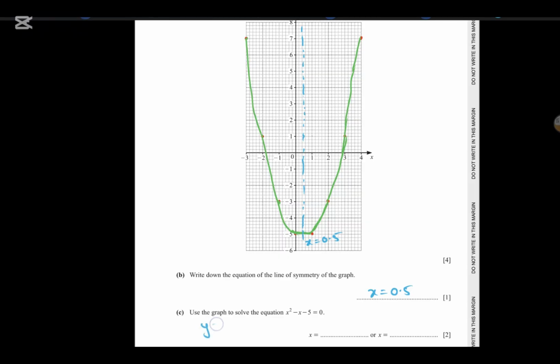So y is equal to 0 is this line. So where it is crossing the two numbers on x axis will be the answer. So it should be minus 1.8 and 2.8. This is the answer.